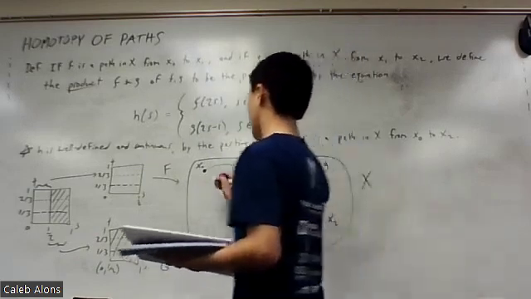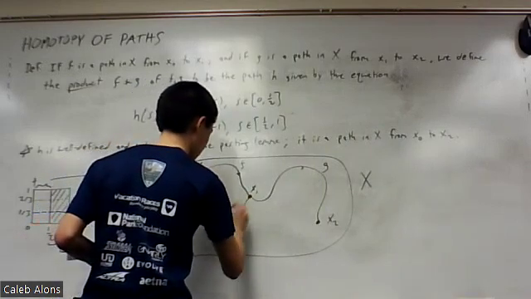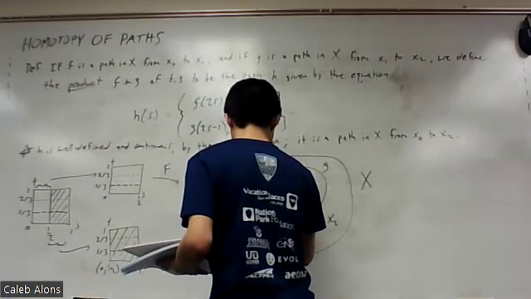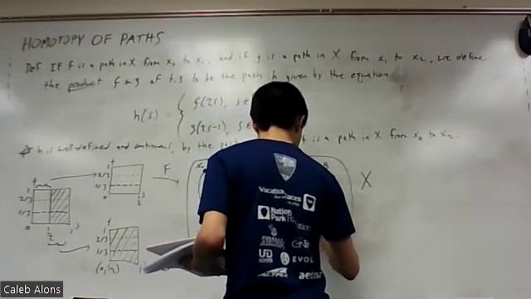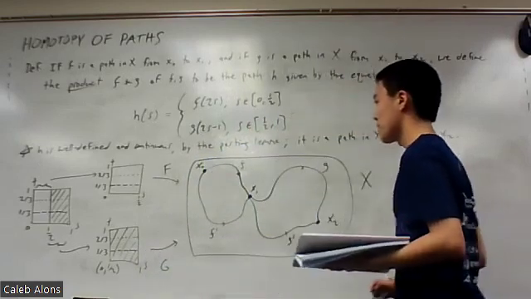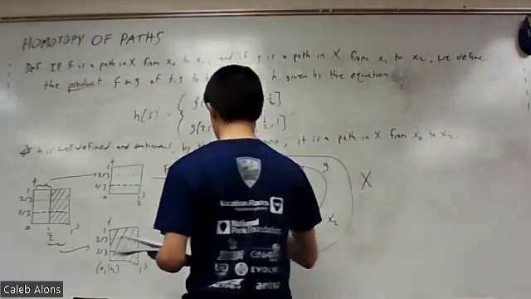And then what we're eventually deforming to is some other path, F prime and G prime, respectively. Now these threads are still running through all the way.